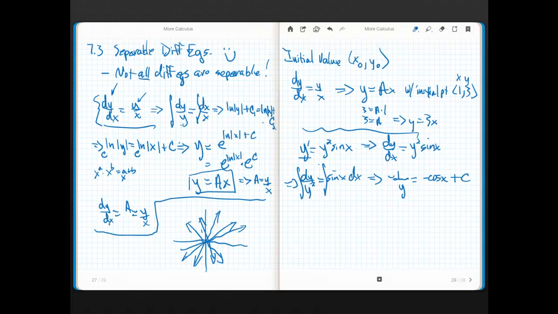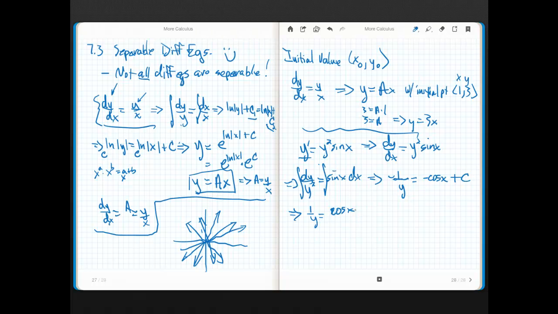Notice, just for the sake of being efficient, I'm not going to do the c1 and the c2 anymore because I know that they combine to be just a regular old c. Now, watch this. I'm going to deal with my constants first, because that c is going to absorb some of those weird constant things. Do you guys agree that if this is true, then 1 over y is equal to the positive cosine, oops, not sine, cosine of x.